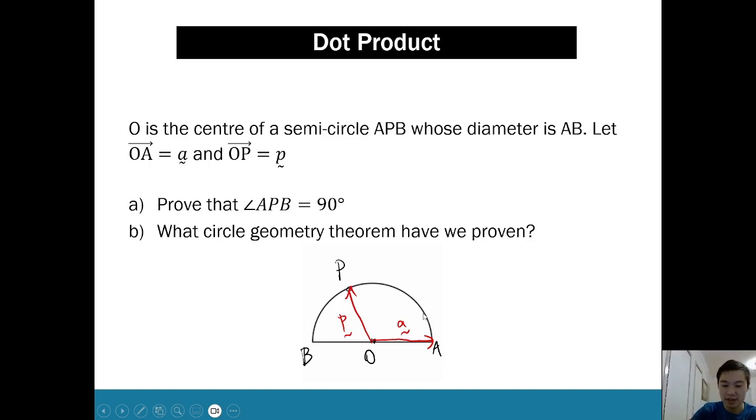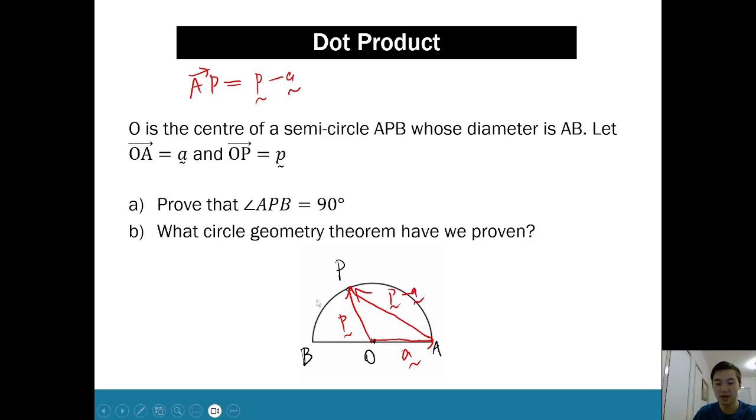So we can say that vector AP is going to be, using our knowledge of vector subtraction, OA is the vector A. So AP, it's a vector drawn from A pointing to P, so that's going to be P minus A, like so.